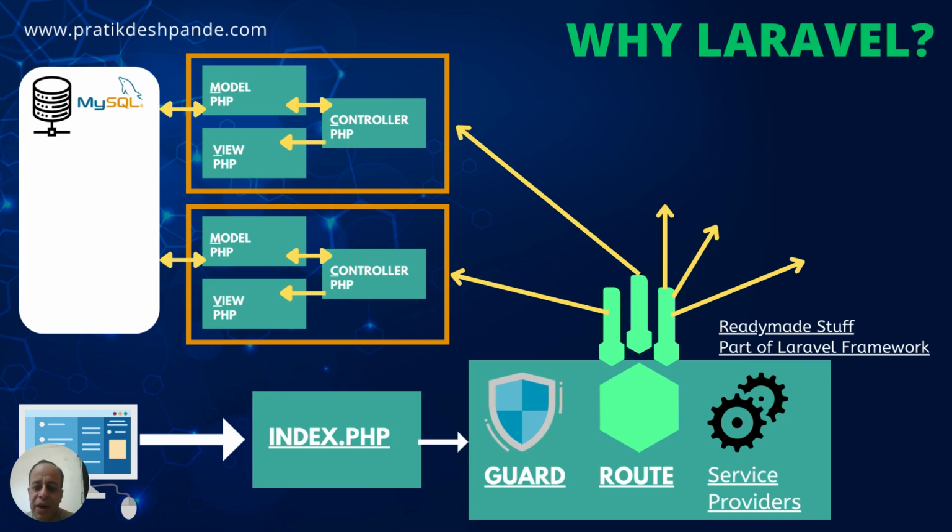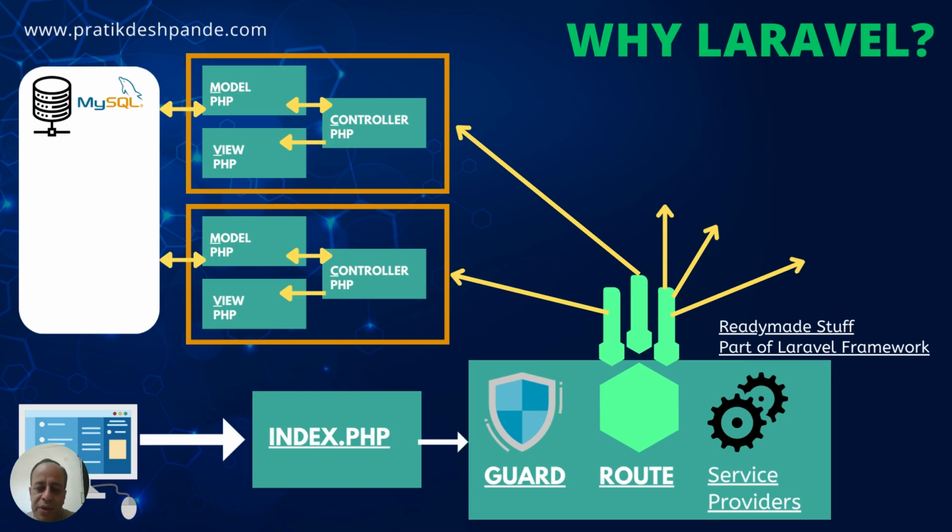It has the routes, it has service providers, and so many other things. What is guard? Guard is basically a facility. Here we popularly use Sanctum, and there are many other options available. So this checks the authenticity, if the user is logged in or not, if the user is of type admin, what kind of role the user has, and so on. So this guard takes care of that.